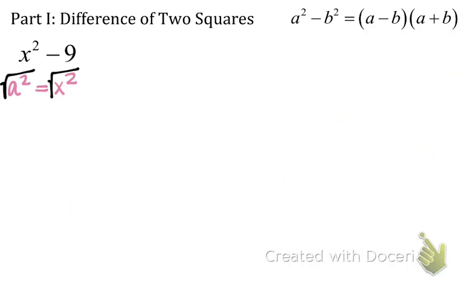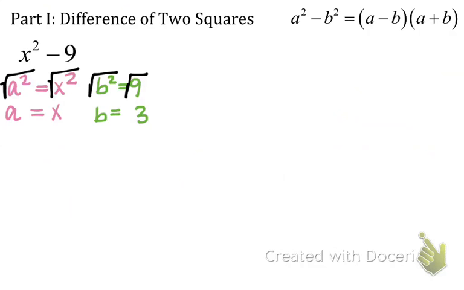So when we square root those, a is going to be equal to x. Our second term, b squared, is equal to 9. When we square root both of those, b is equal to 3. So in our general formula, whenever there is an a, we'll plug in x, and whenever there is a b, we'll plug in 3.